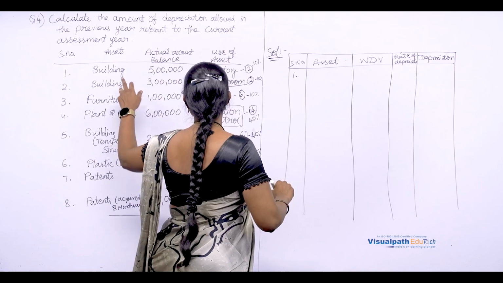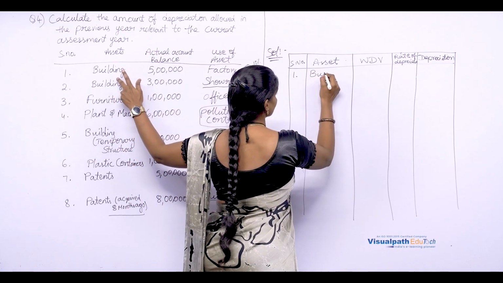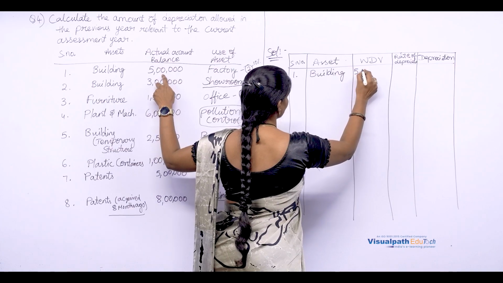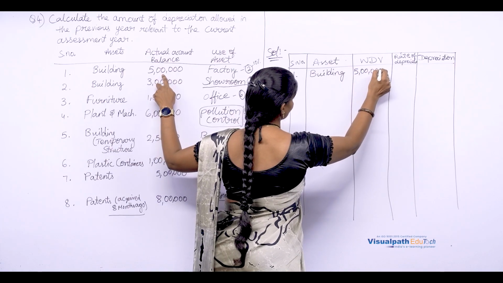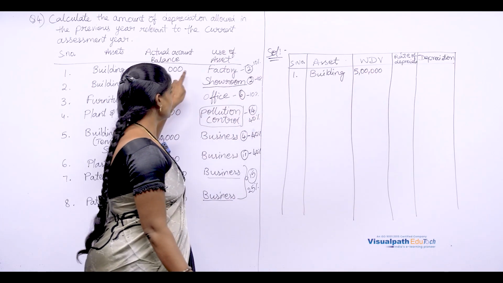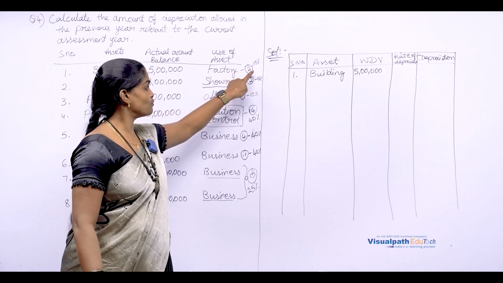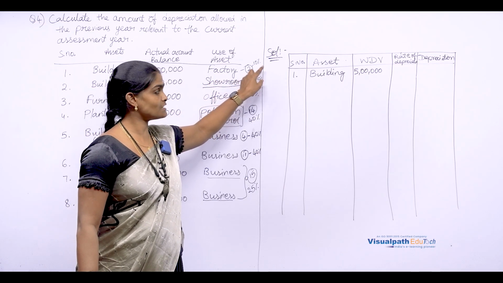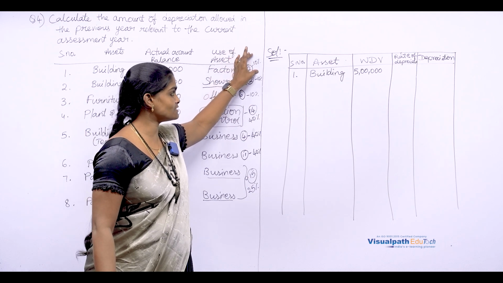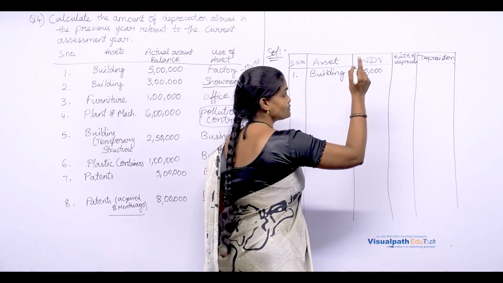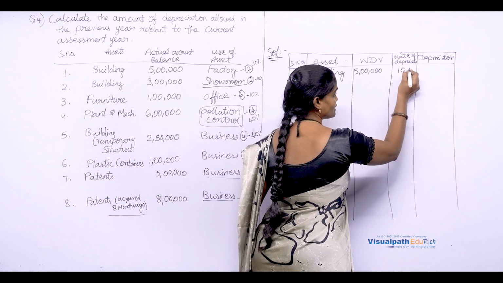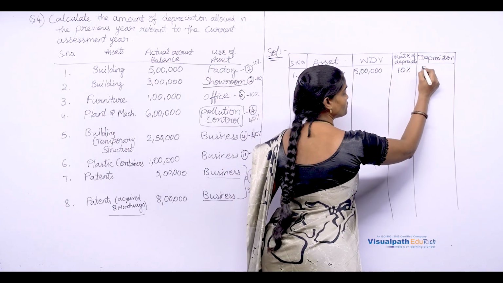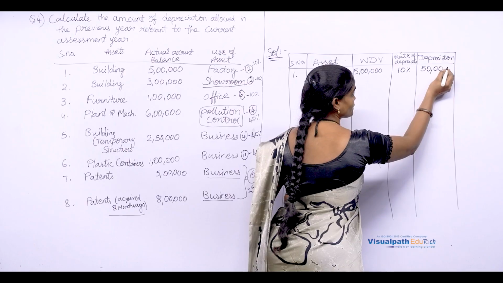First we have building, whose written down value is 5 lakh. It is used for factory, so block number 2, 10% depreciation will be allowed. So the rate of depreciation is 10%. So 5 lakhs into 10% will give you 50,000.